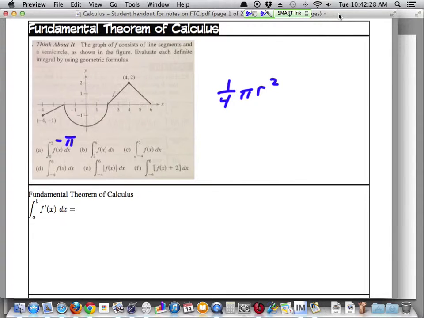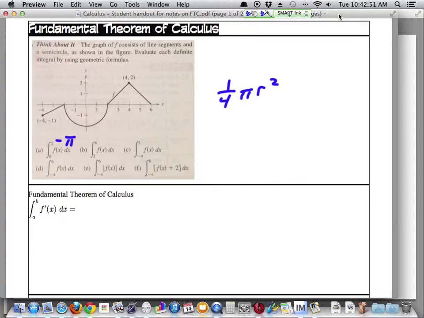The integral from 2 to 6 of f of x dx. What do we get there?